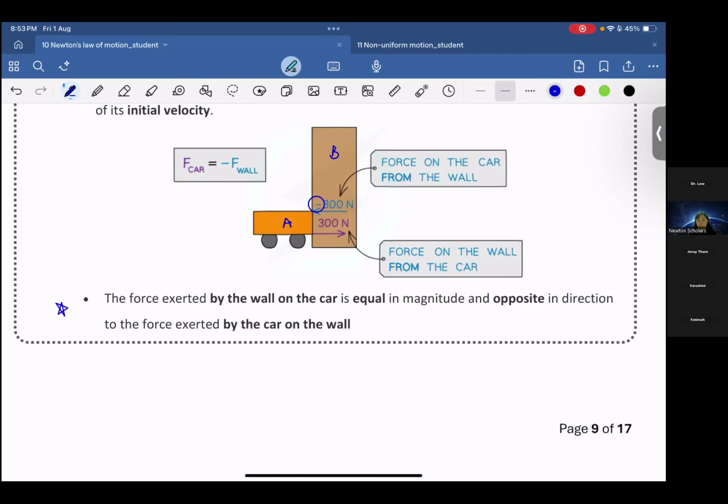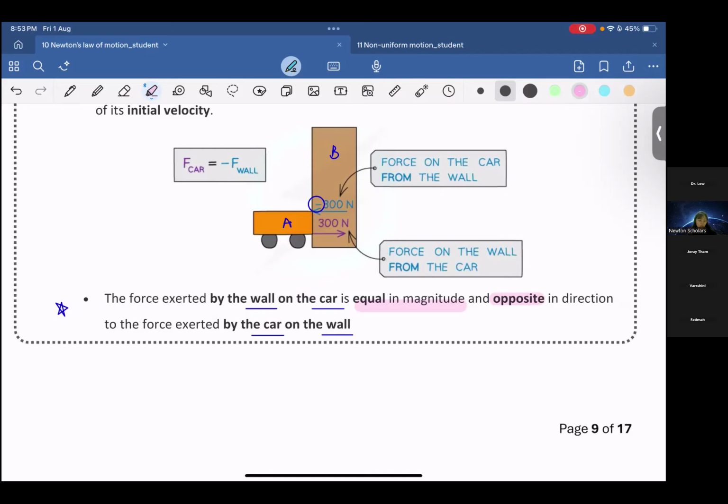We have to say that the force exerted by object A on object B is equal and opposite in direction to the force of object B acting on object A. Here, you have to mention object A acting on object B. Then the magnitude is equal, and it is opposite in direction. So we have two objects. This sentence, you have to take note. Later on, when there is a past year question, we will use this sentence also.